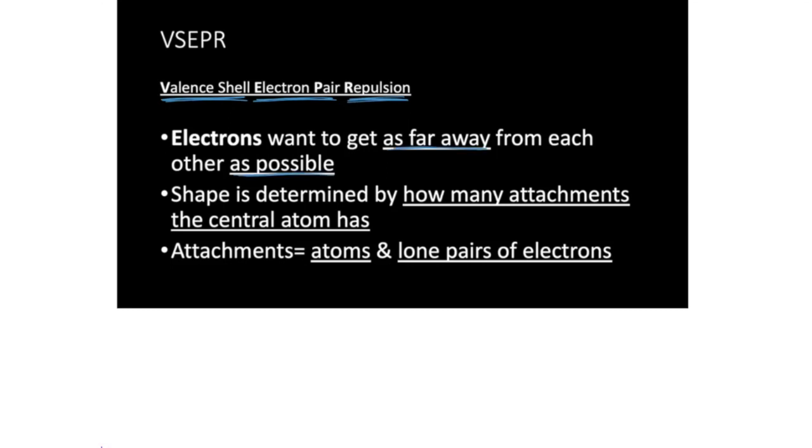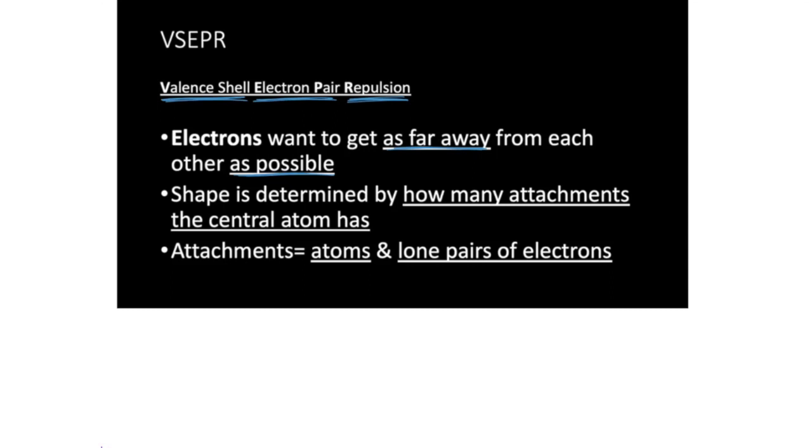Imagine the magnets that you have. When you play with them, you know how they bounce around and move away from each other when you put the same ends together. Same concept here. Imagine moving an area of negativity towards another area of negativity. It's going to respond by trying to get as far away as possible.